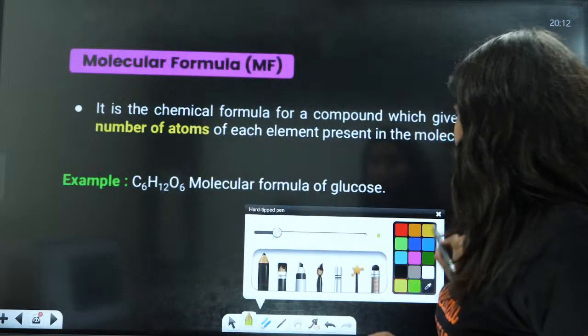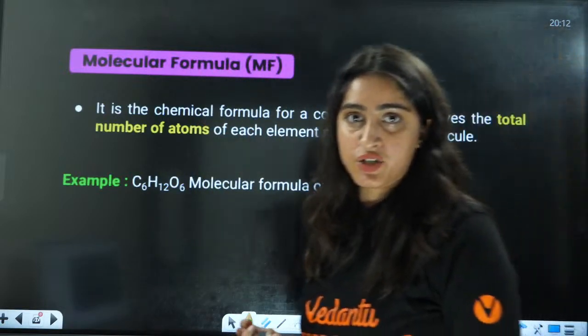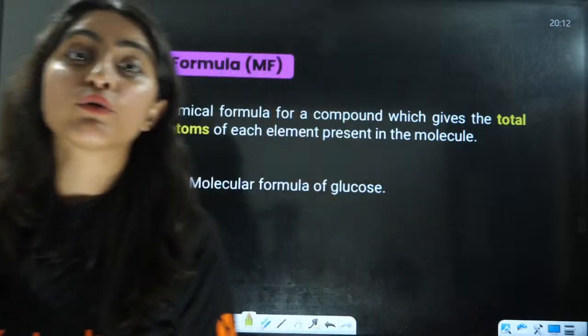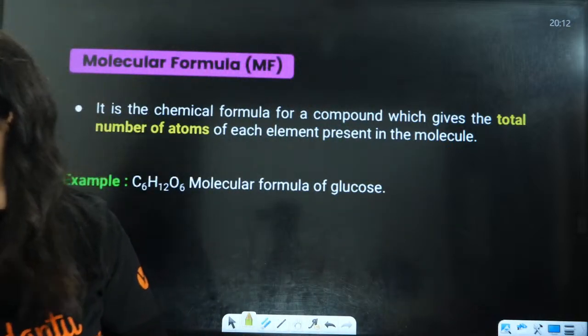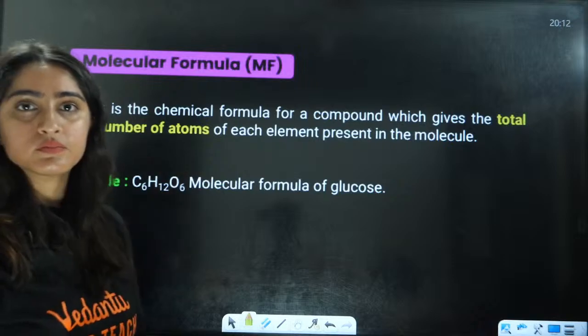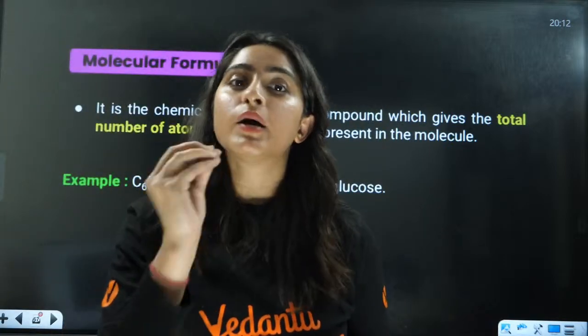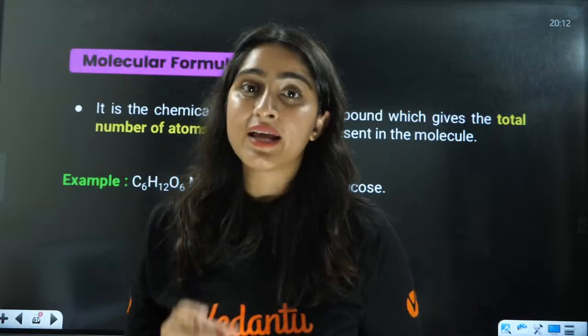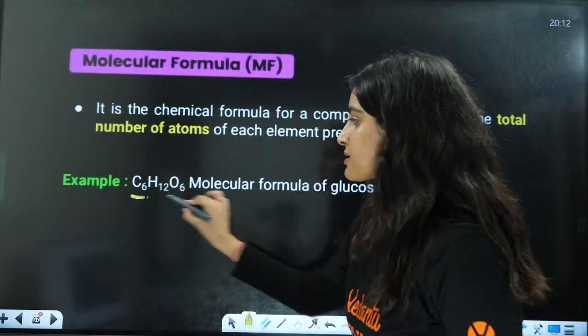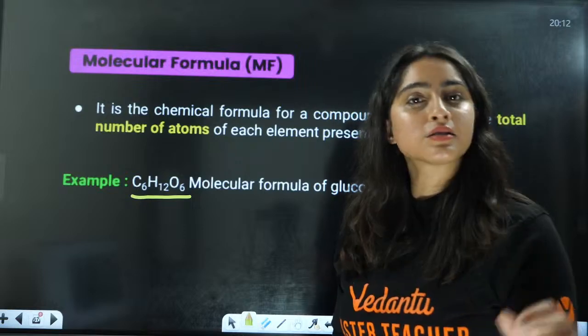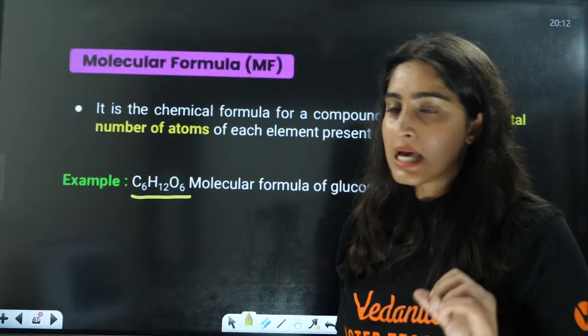Next are the molecular formula and empirical formula questions. So how to calculate the molecular formula and empirical formula? See, the empirical formula is the simplest whole number ratio. For example, C6H12O6 is the molecular formula of glucose, right?